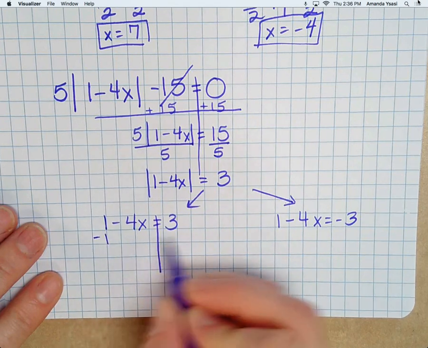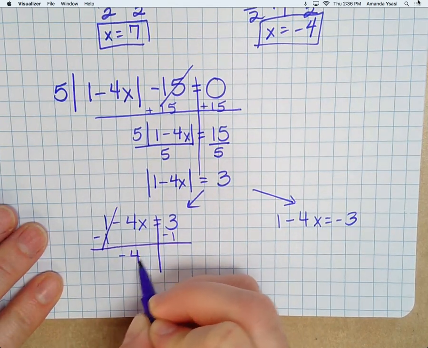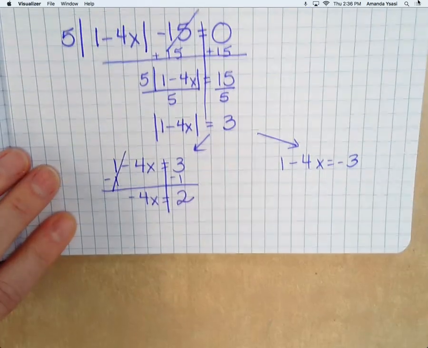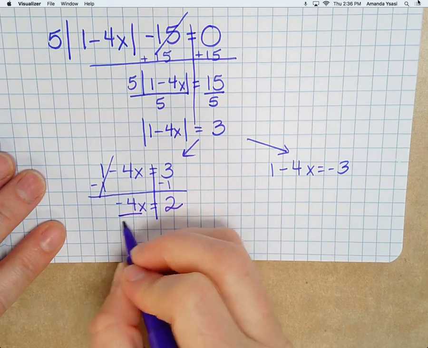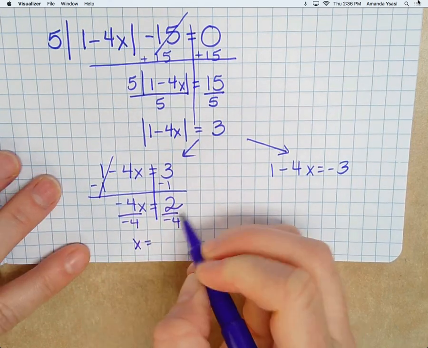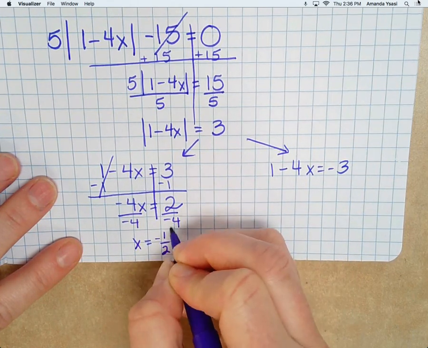So we solve it out. Two over negative 4 is negative half.